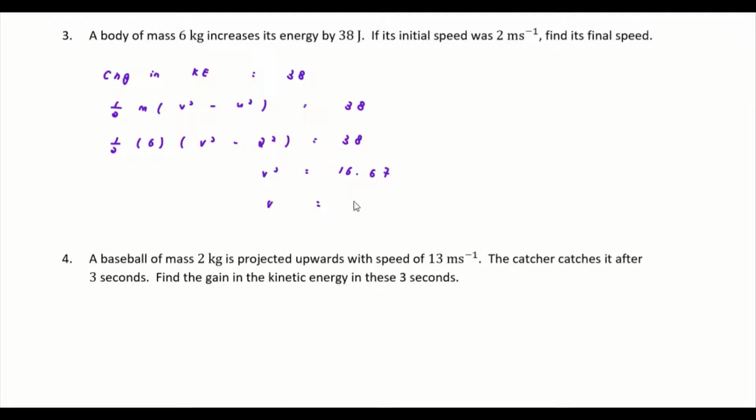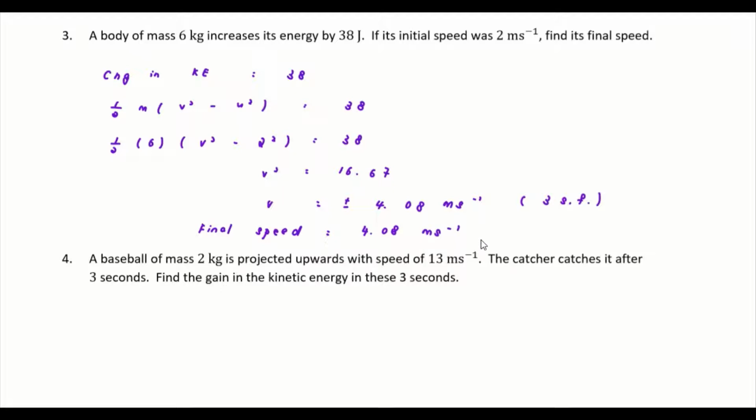Remember, after you square root it, it can be positive and negative. So 4.08 meters per second in 3 SF. Since the question asks for the final speed, you shouldn't have any positive or negative, because that's for velocity. For the final speed, we just take the magnitude, which is 4.08 meters per second.